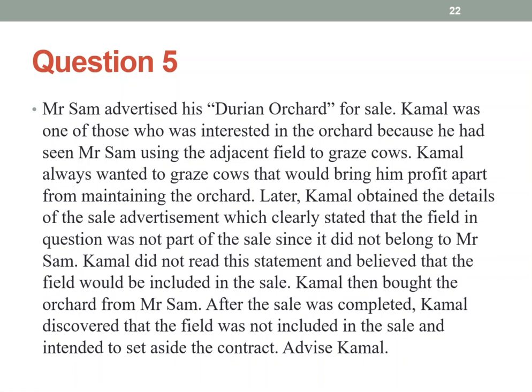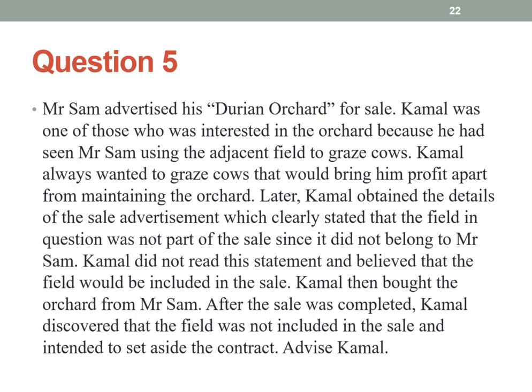Later, Kamal obtained the details from the sales advertisement, which clearly stated the field in question was not part of the sale since it belonged to Mr. Sam. Kamal did not read the statement and believed the field would be included for sale. Kamal then bought the orchard from Sam. After the sale was concluded, Kamal discovered the field was not included in the sale and intended to set the contract aside. Advise Kamal.